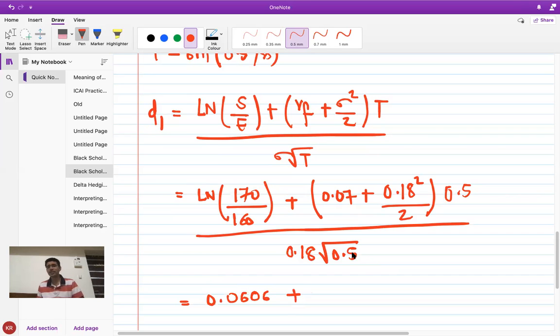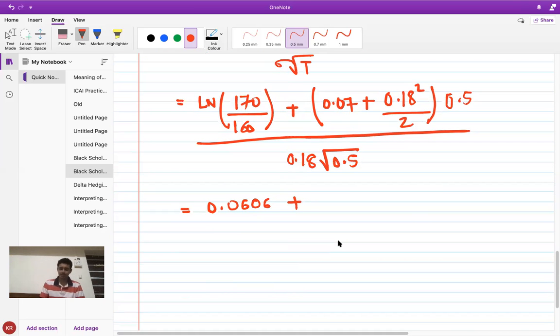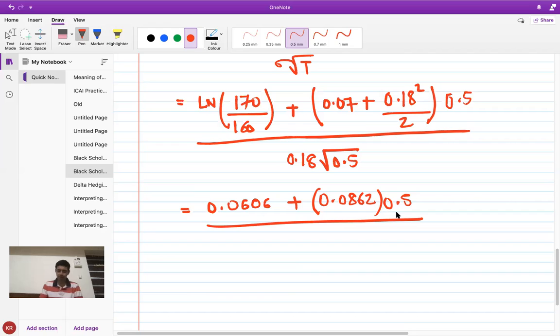And then I have plus the part in the brackets, which is going to be 0.0862, into 0.5, the whole divided by 0.18 into square root of 0.5, which is 0.1273.